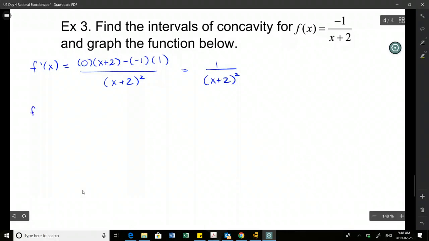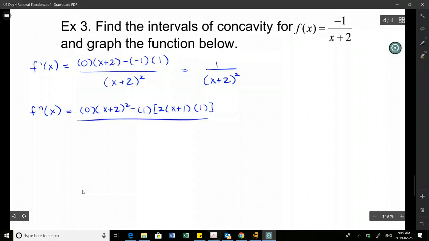Okay, second derivative, I'm not interested in the first derivative. This is just asking me about intervals of concavity. Second derivative, so again, derivative of the top times the bottom minus the top times the derivative of the bottom. And when I do the derivative of the inside, like when I'm doing chain rule, I just get 1 for that over the bottom squared.